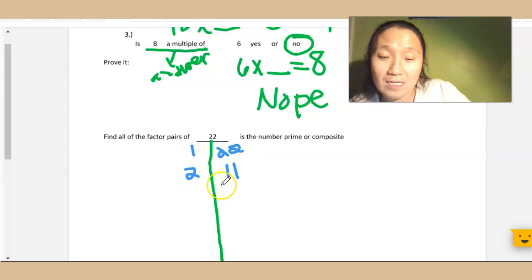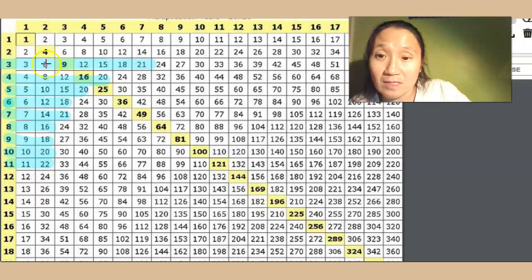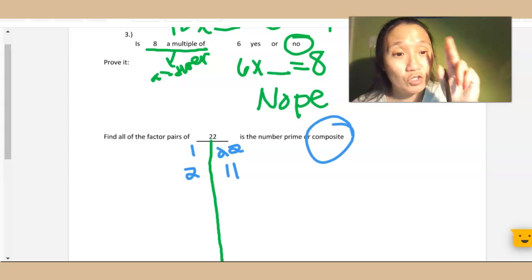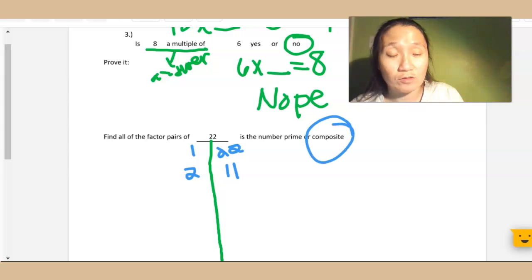It's already here because it's 11 times 2. So that one we've already done, so it's a flip-flop, so it's going to be composite because I have 2 factor pairs. Okay? Find all of them.